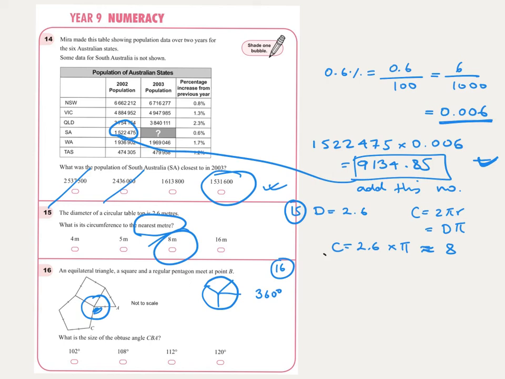So the first one, we should know that because it says equilateral triangle. So all sides are equal, meaning all angles are equal. The angles in a triangle sum to 180, so each needs to be 60. So this one here, I'm going to use red, it's 60.